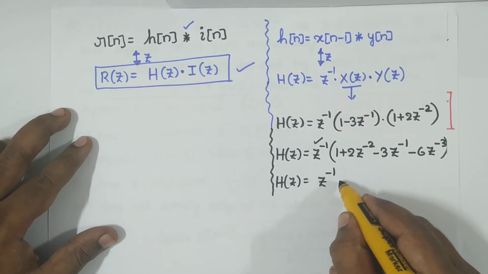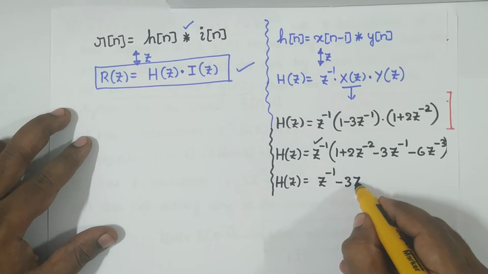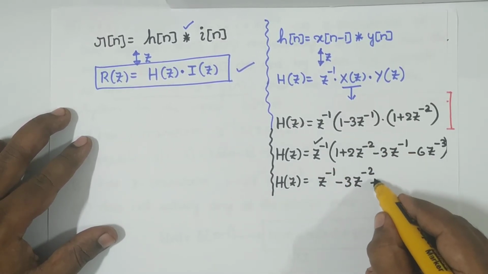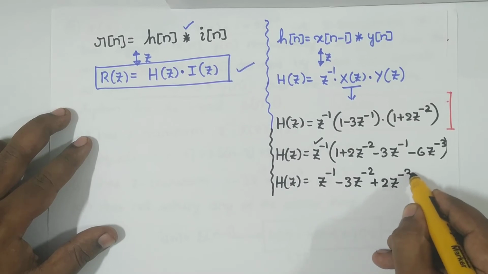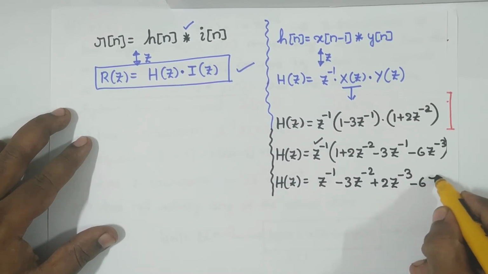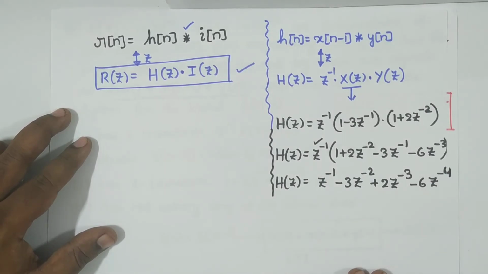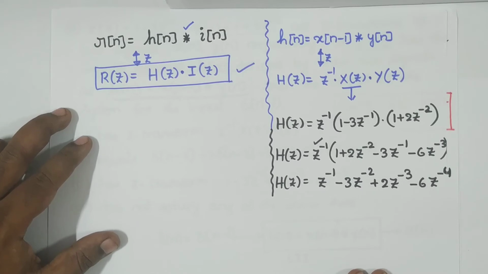So you have z power minus 1, minus 3 z power minus 2, plus 2 z power minus 3, and minus 6 z power minus 4. So this is what you have.